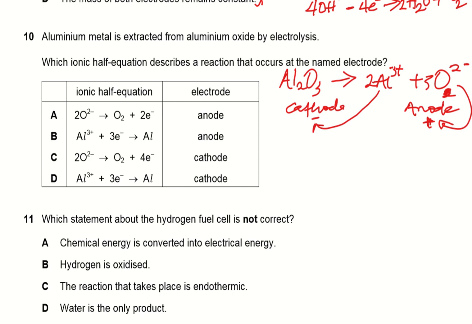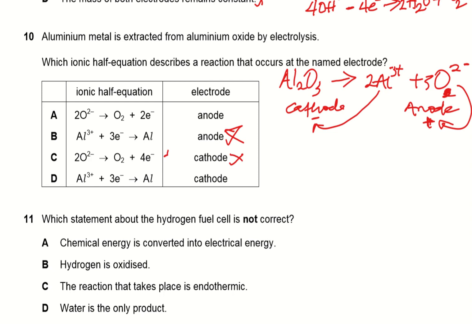At the anode, oxygen is going to lose electrons, while at the cathode, aluminium is going to gain electrons. Looking at the options, one is wrong because aluminium will not migrate towards the anode. Another is wrong because oxygen will not migrate towards the cathode.